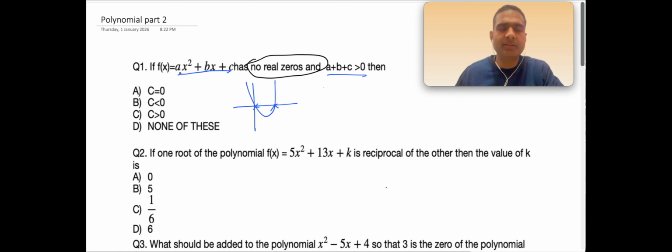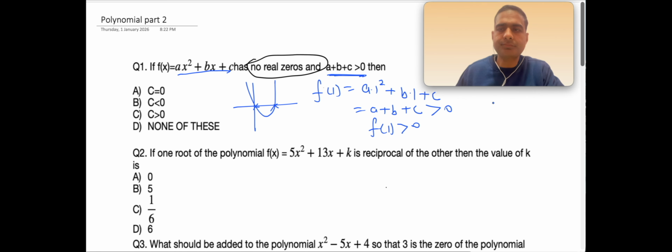If I replace x by 1 in this equation, then I will get f of 1 is equal to a times 1 square plus b times 1 plus c. So that is a plus b plus c. It means f of 1, the value of this quadratic polynomial at x equal to 1, is greater than 0.